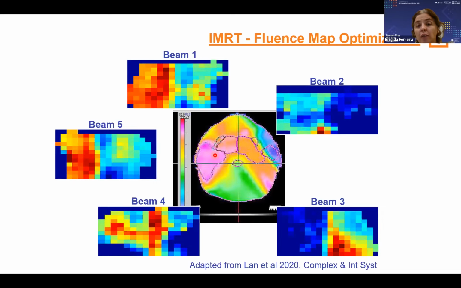When we do that, there are 2 main advantages. We produce distributions with very steep dose gradients that allow us to spare this parotid gland, and it's possible to produce irregular dose distributions that will allow us to spare the spinal cord.